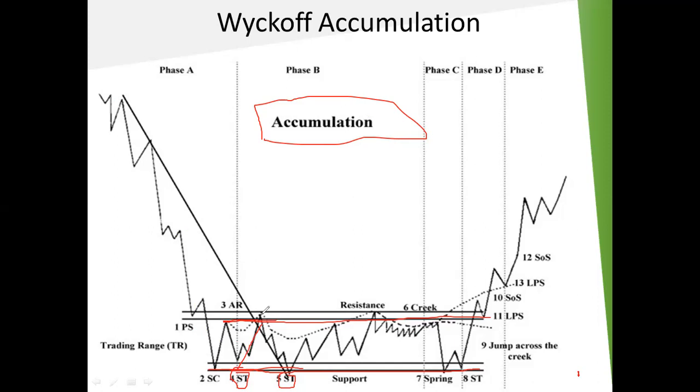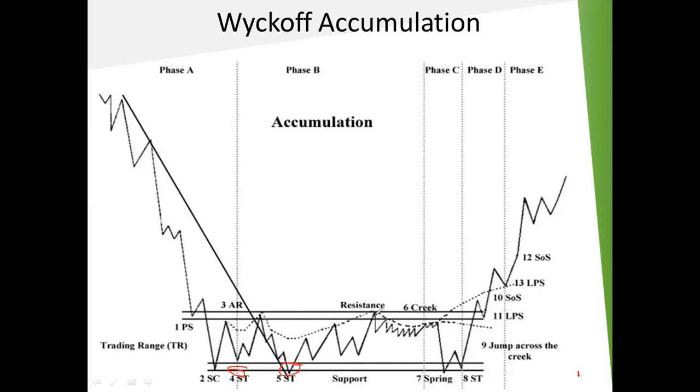It will sometimes violate the automatic reaction or rally high, and after that it will come back near the selling climax area. This testing defines that we are in phase B. And there can be 1, 2, 3, 4, 5 tests, it depends.